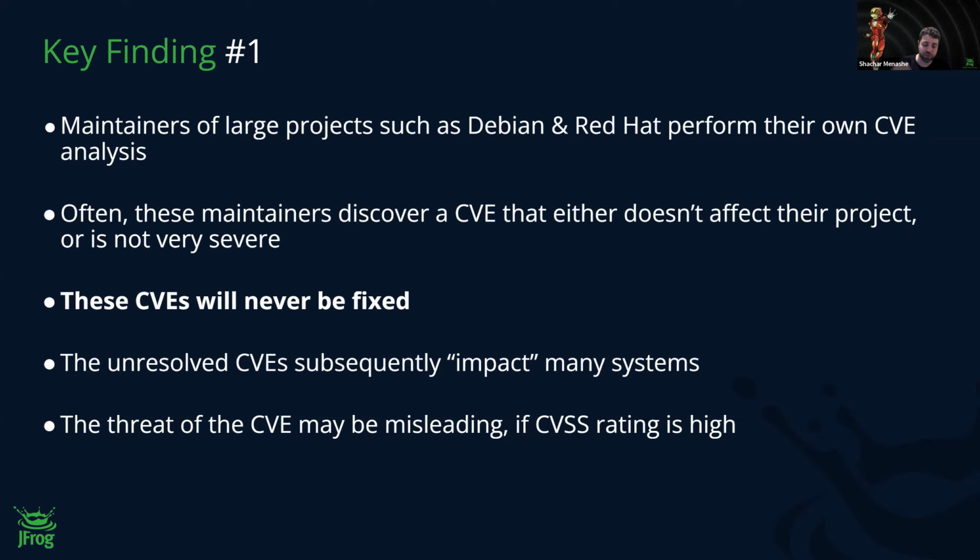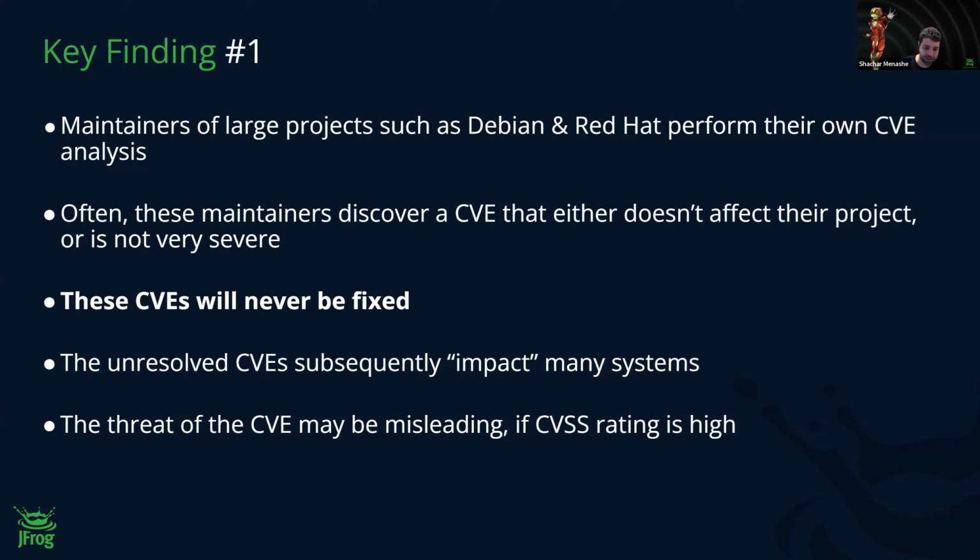So there could be a general CVE which is relevant, for example, on Apache, but it's not relevant for the version of Apache on Red Hat. And in some cases, it could even be relevant, but they deem it a minor issue and they never fix it. And because it's never fixed, the count of these CVEs never lowers.